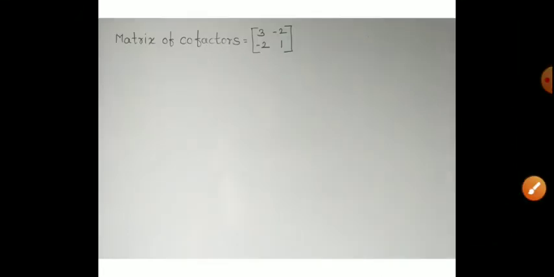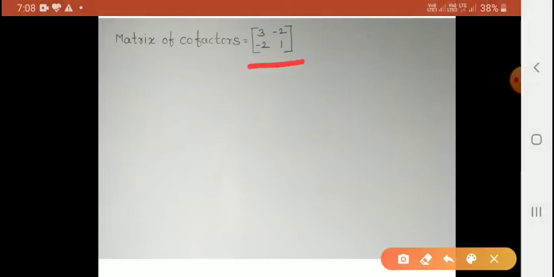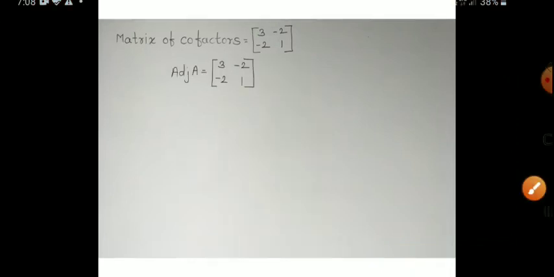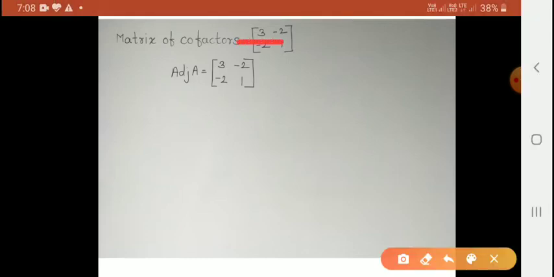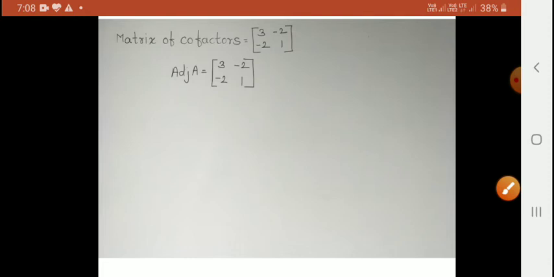By using this, we find the adjoint of the matrix by taking the transpose of the matrix of cofactors. Transpose means rows become columns. So the first row 3, minus 2 becomes the column 3, minus 2, and minus 2, 1 likewise. So this is the adjoint of A.